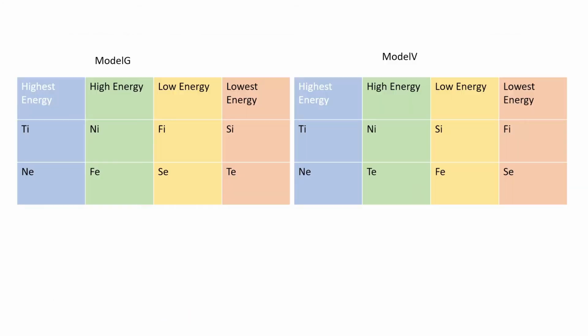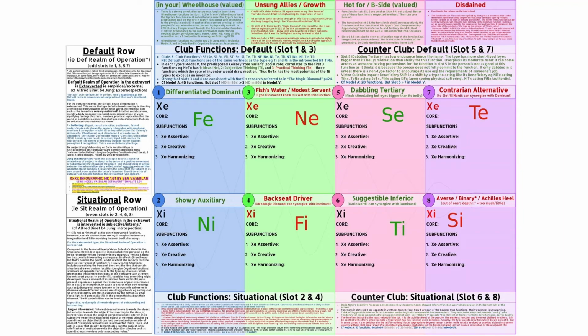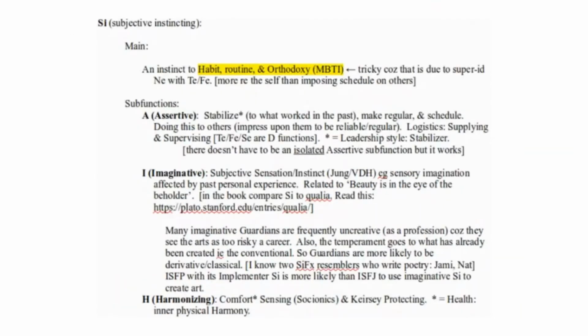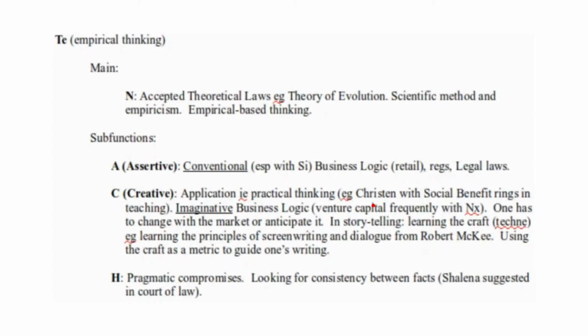Actually, I'm going to have to go back here. So what was that, backseat driver for the fourth function. So that would be, in an INTP, TE would be the backseat driver function. And I can see personally why it makes sense to call that function backseat driver, because at least for myself, I'll be coming up with an idea, following it down an avenue of thought, and then reality gets in the way, reality being empirical thinking, extroverted thinking.